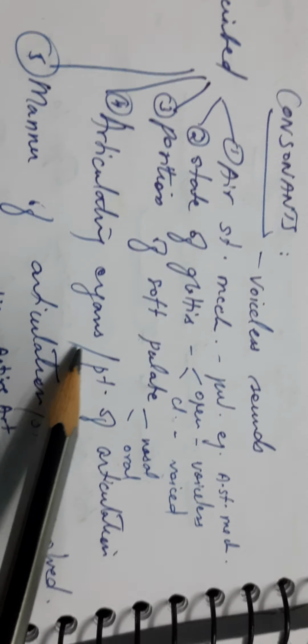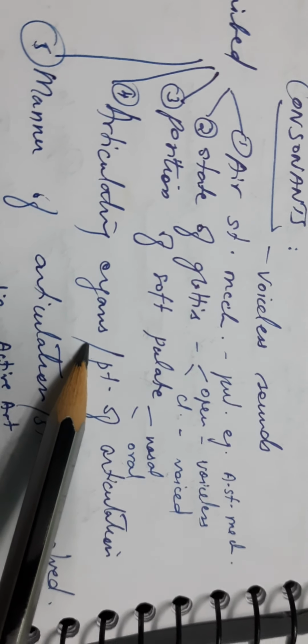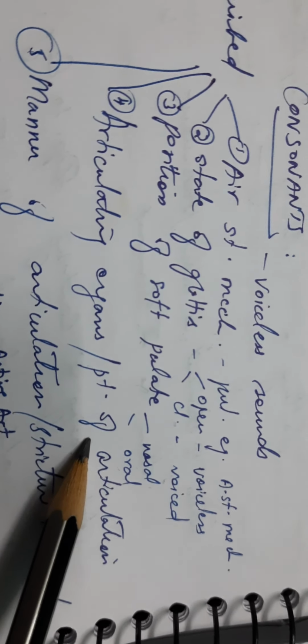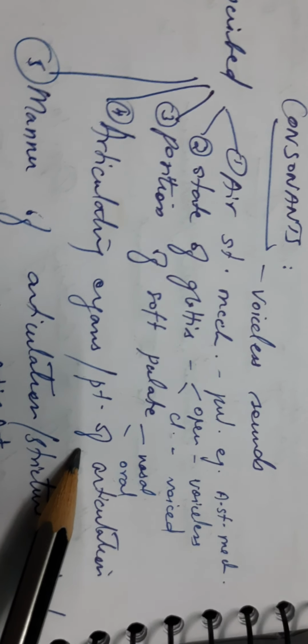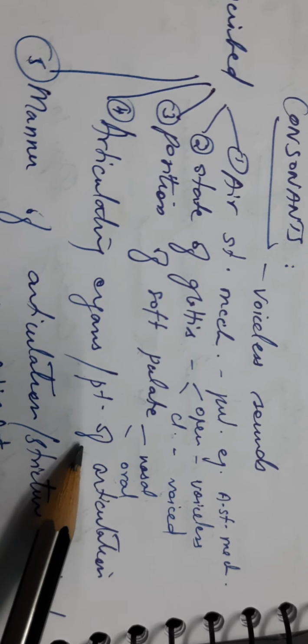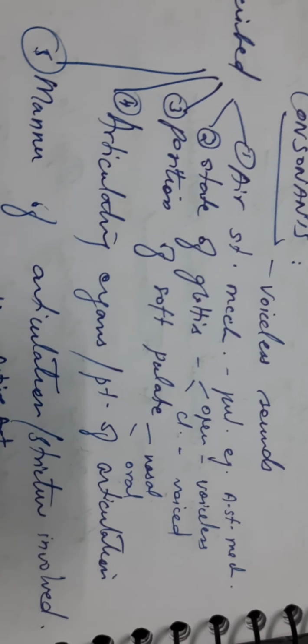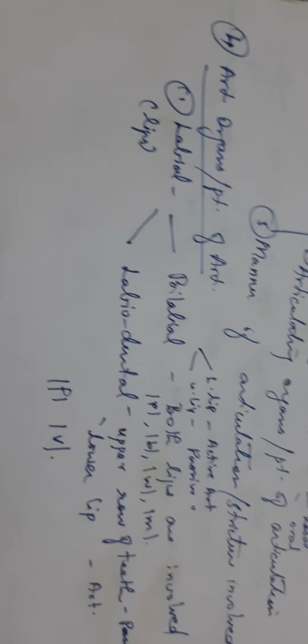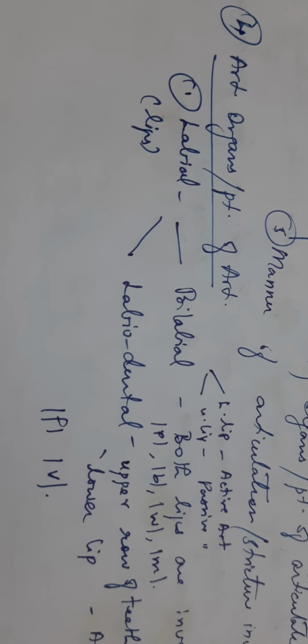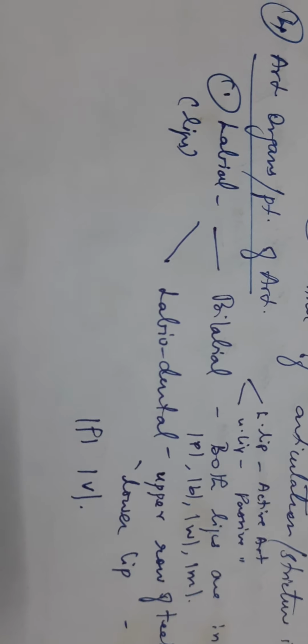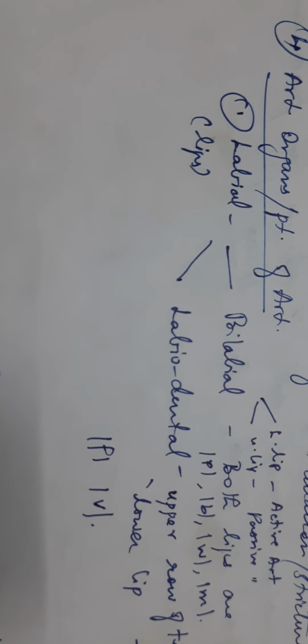Now we come to the new topic, the articulatory organs or point of articulation. This is one piece of information that we have to remember when we are describing any consonant sound. Depending on the articulatory organs or point of articulation, you have almost eight types of classification of consonants.